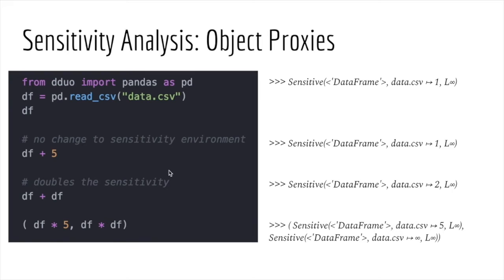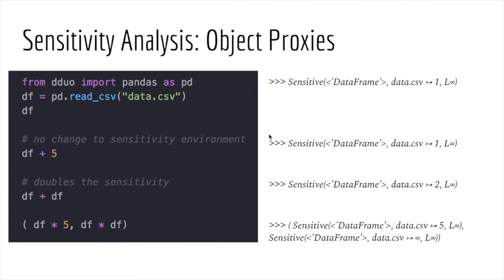However, adding the data frame to itself doubles the sensitivity, because now the data frame influences the output twice as much. Finally, multiplying the data frame by a constant scales the sensitivity by that constant, and multiplying the data frame by itself results in infinite sensitivity.